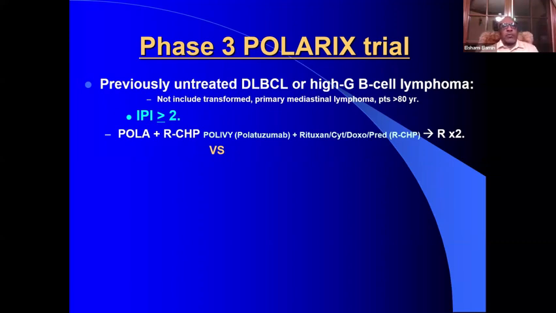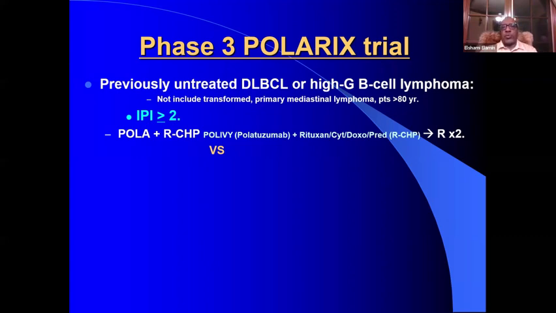In one arm, they give this drug POLA, which is polatuzumab vedotin. It is an anti-CD79. They give it with R-CHP, which is rituximab, cyclophosphamide, doxorubicin, and prednisone. So basically, they remove Oncovin or vincristine and give the pola instead of it.